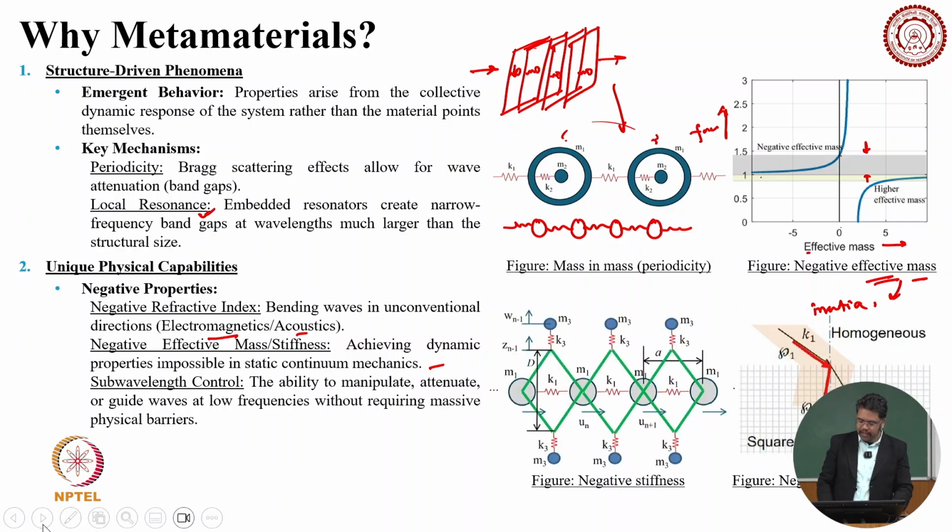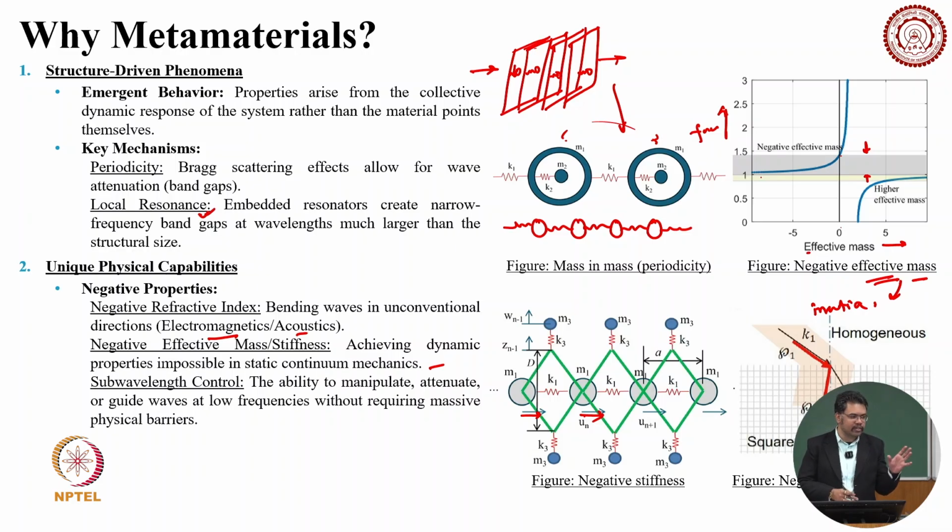So you can see some of the other types of structures. Here you can see a representation of negative stiffness, if you are exciting these structures dynamically. In metamaterials, some particular properties are generated only in the dynamic case with specific frequencies.